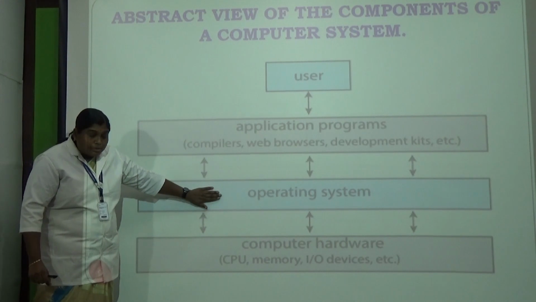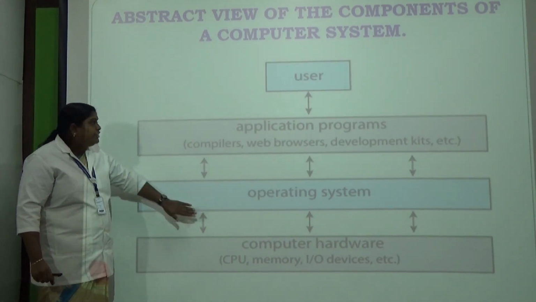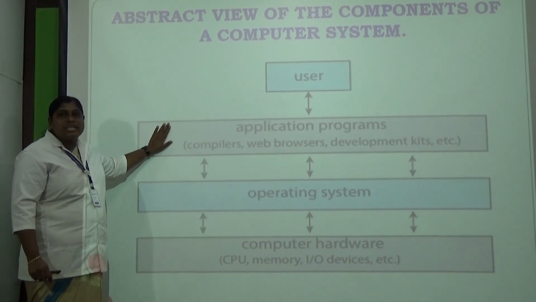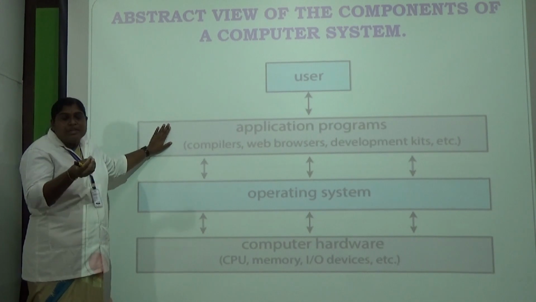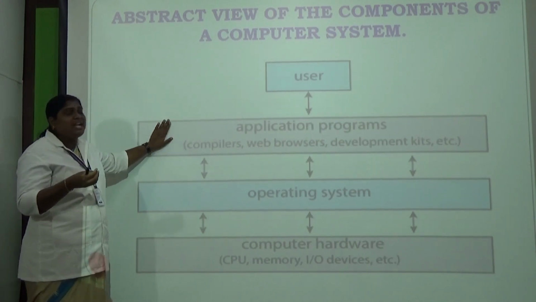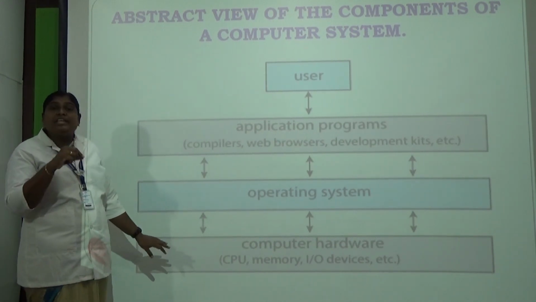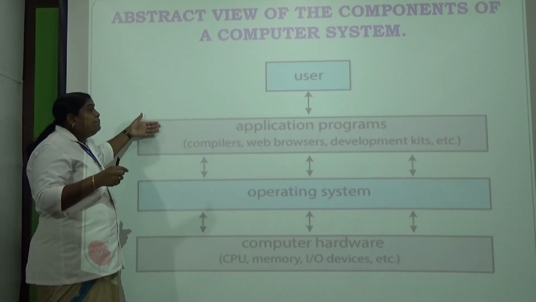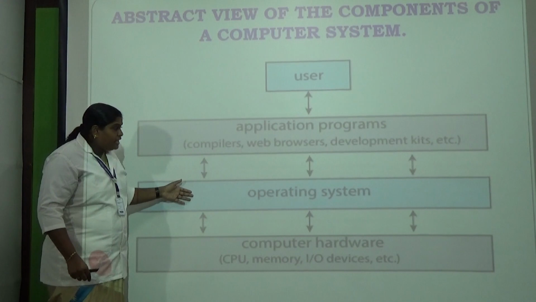Using this operating system, we can adopt different compilers, web browsers and different development kits like Spyder. Nowadays we are using Python. To install Spyder and Python applications, you need the support of an operating system. This operating system should have the capacity to run all the different application programs that you are installing, right?